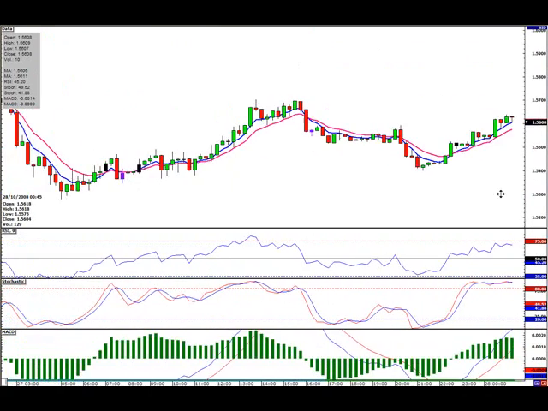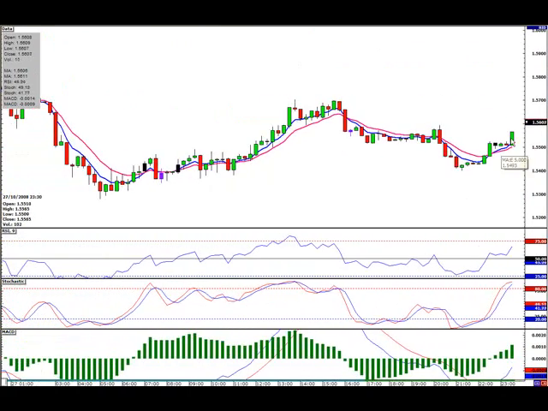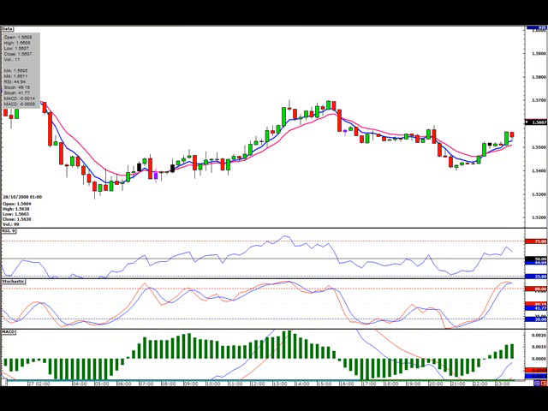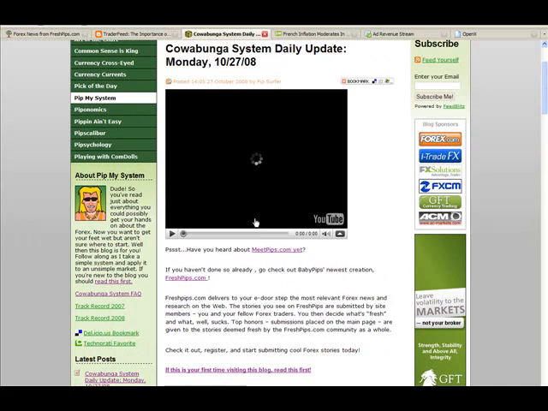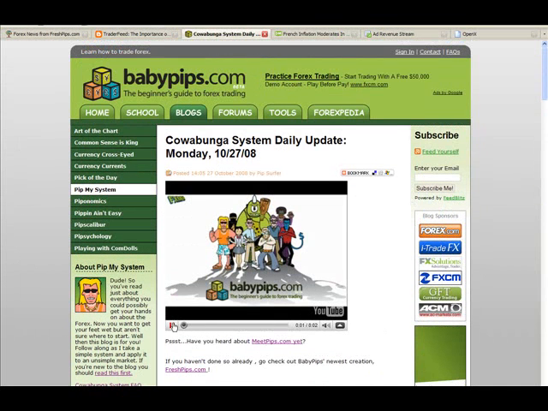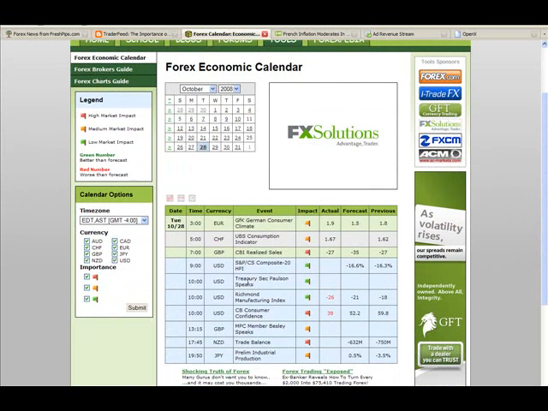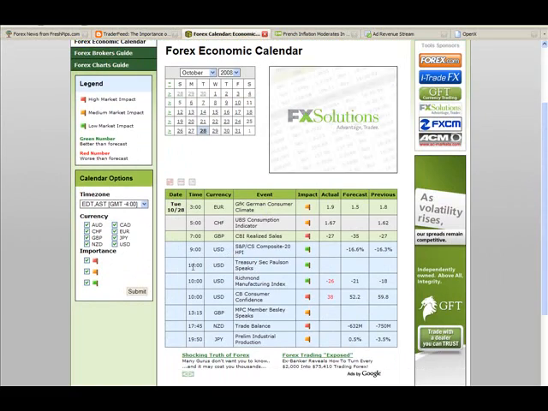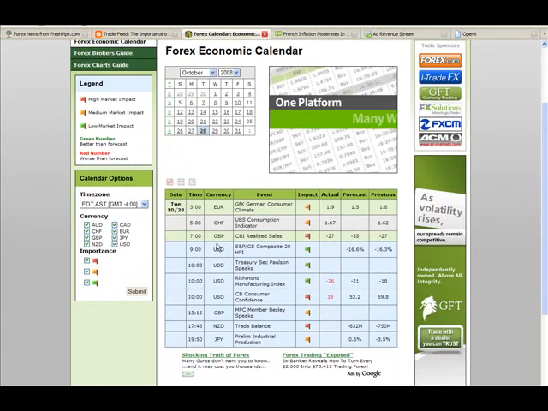I'm going to move my 15-minute chart all the way back to 11:45 p.m. Eastern time so you can see what my chart looks like. Before I start trading, I'm going to take a look at the news. You can go to babypips.com, click on the tools tab, and it will pull up the news for the day. Remember, we're looking for news that affects the sterling or the dollar.